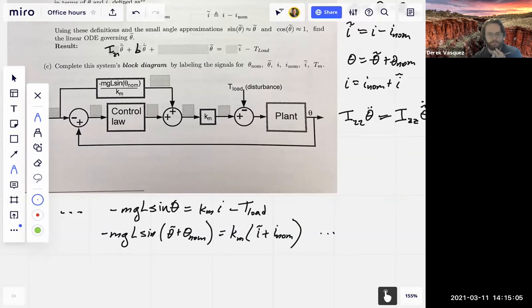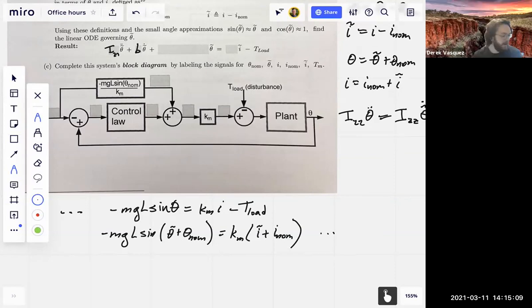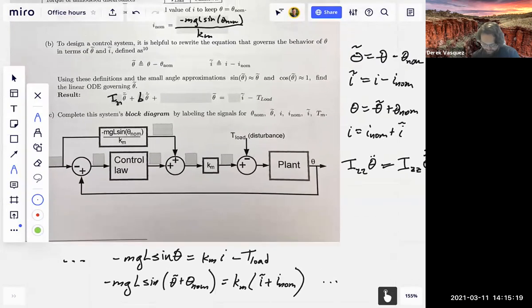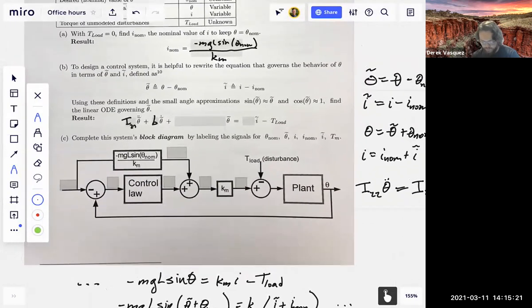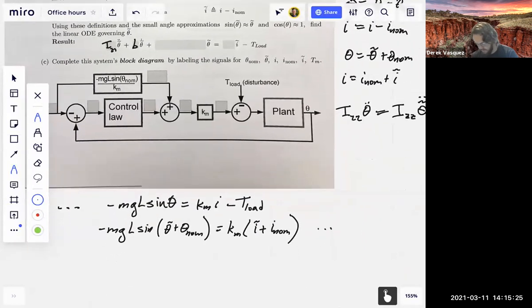Okay, perfect. So what we're going to do here is we want to see if we can get rid of these nominal terms. So we know that our I nominal, we already figured out right there. So we'll go ahead and substitute that in.